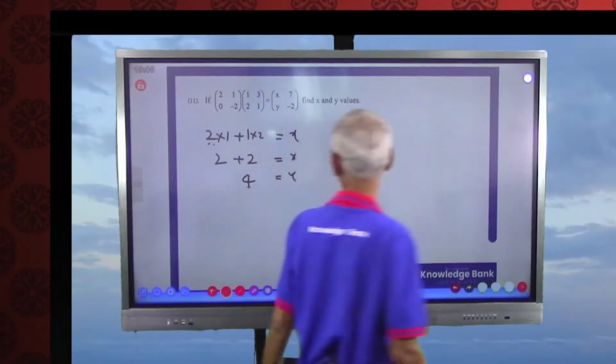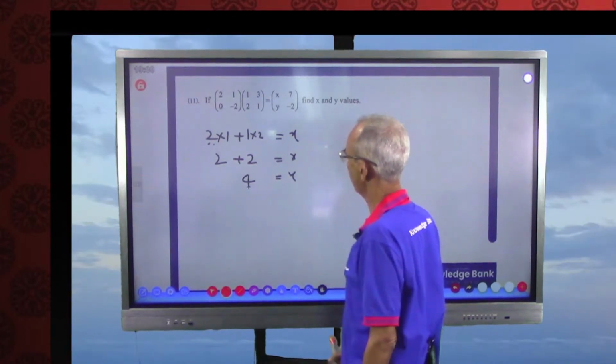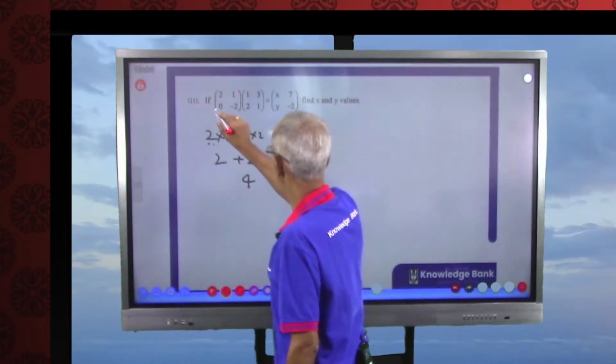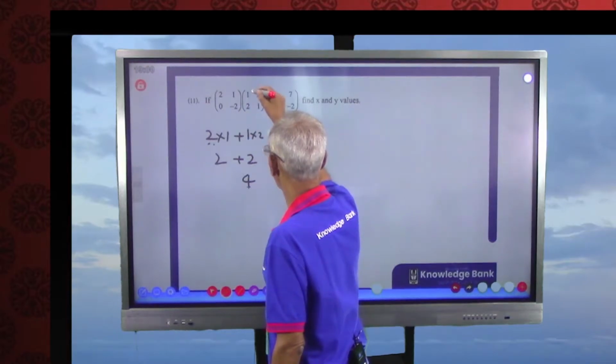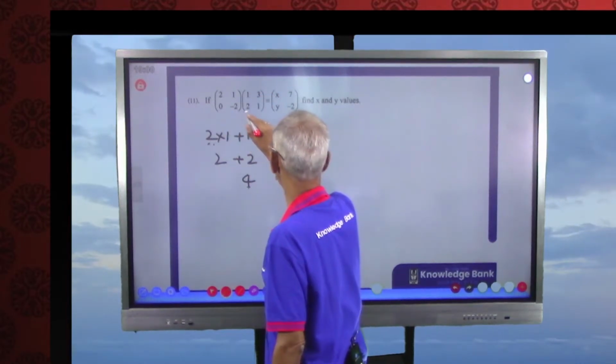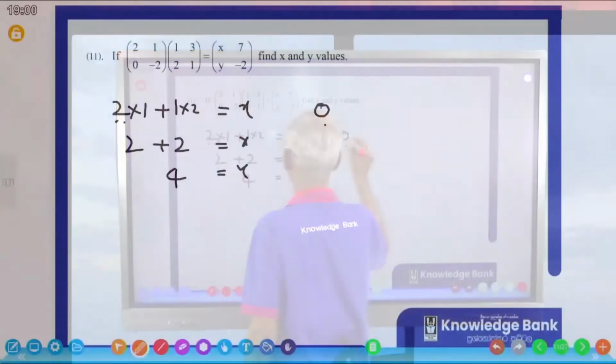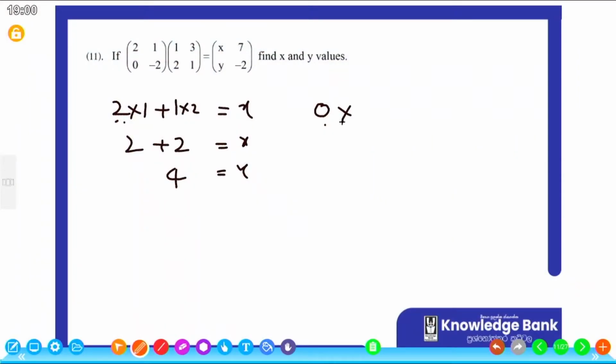Then the next one, you have to find y. y means the second row into the first column. Here it is the second row: 0 into 1 plus, in brackets, minus 2 into 2.